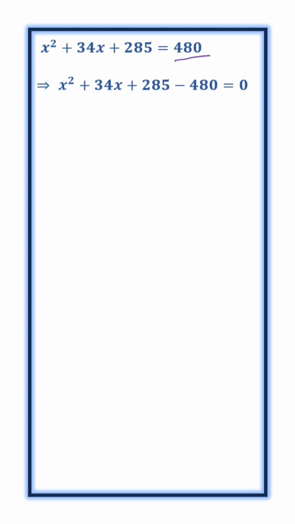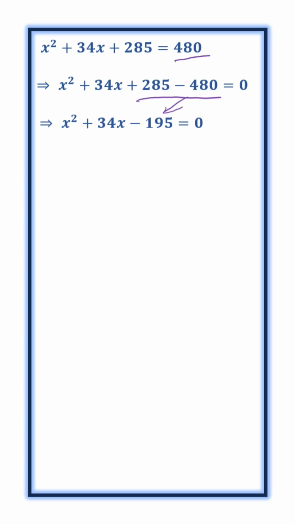So in the next step, negative of 480 plus 285 is negative of 195. So the equation now is x square plus 34x minus 195 is equal to 0. It is in the standard form.